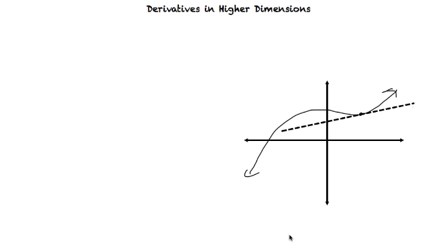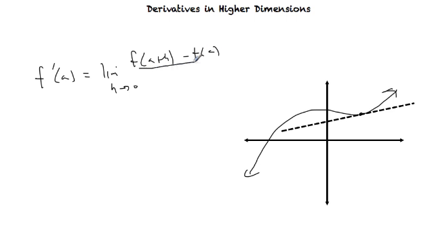Okay, so there's our tangent line for some generic function, and the standard definition, which hopefully you all remember very well, says f prime of a is equal to the limit as h approaches 0. This is one way to formulate it, of f of a plus h minus f of a all over h.